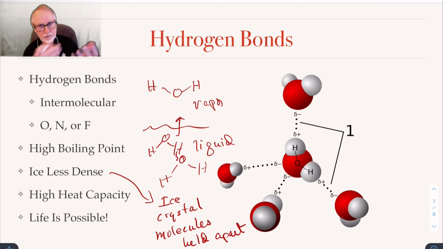Why is that important? Well, let me give you a really good example of this. If you think about a pond, for example, in the winter. When it gets really cold, ice forms on the top of the pond, right? And that ice stays on top of the pond. It doesn't sink, all right? If ice was more dense than the liquid, it would sink.